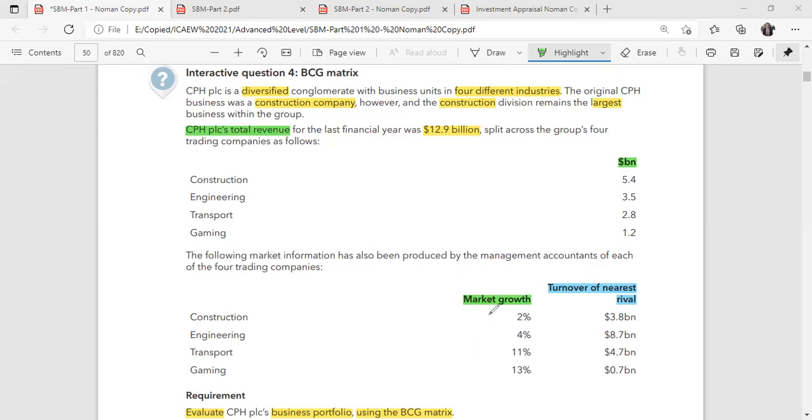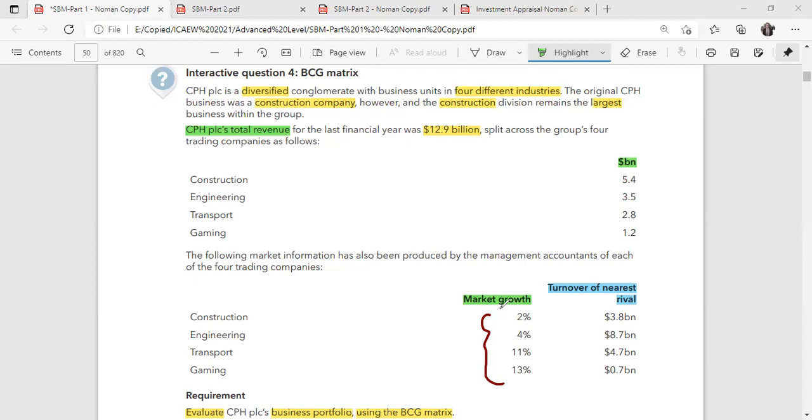For example, for the dog, I classified engineering because it has low market growth, which is 4%, and our revenue is 3.5, but the turnover of the nearest rival is 8.7. So this is a product of low market growth, and our share is also very low. Yes, that's good. Thank you.